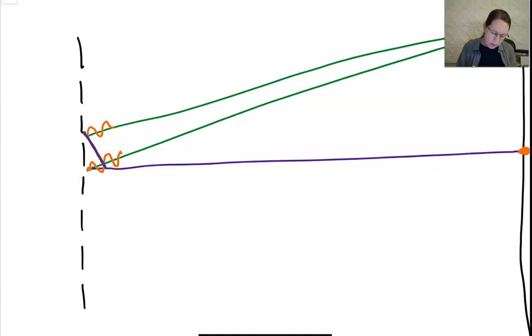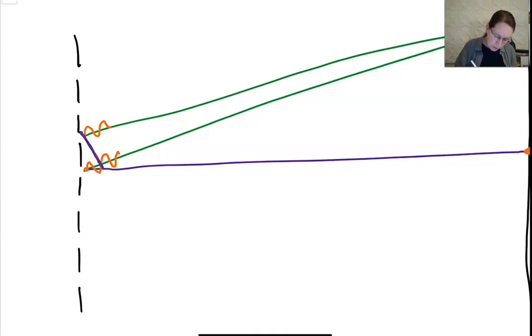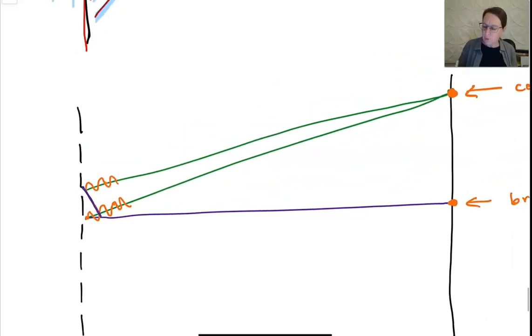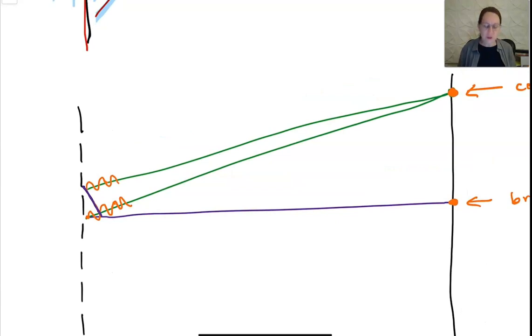And so what's happened is they're going to stay together for the rest of the time, if I've drawn this nicely, until they reach this spot way over here where they're going to have constructive interference.